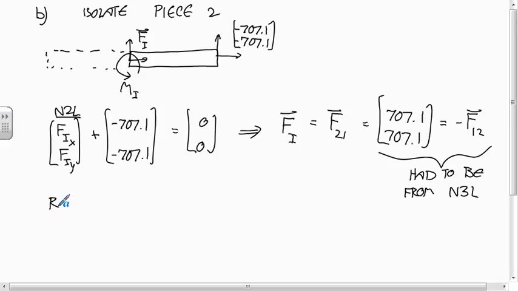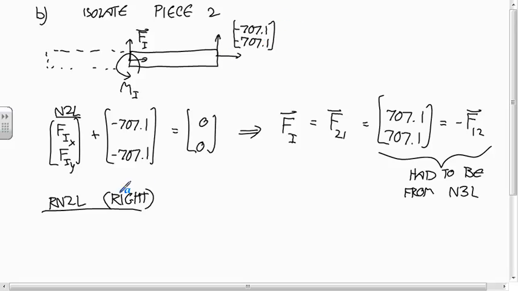And then the rotational equation, I'm going to calculate the moments about the right endpoint. So what moment is produced by this 707 force, the force at the right?